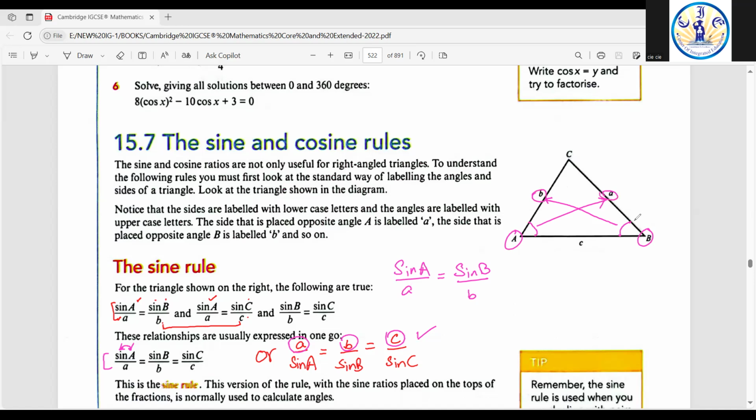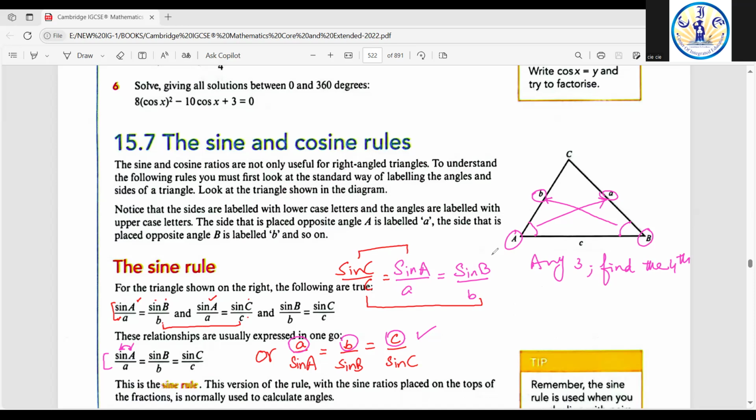Out of these four quantities, given any three, we can find the fourth one. So this is what we need to keep in mind. Similarly, if we equate this to sine of C divided by c, even if I equate this to this, or this to this, that means the same thing.